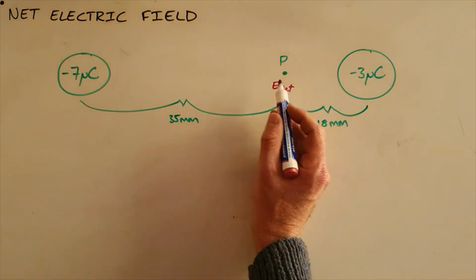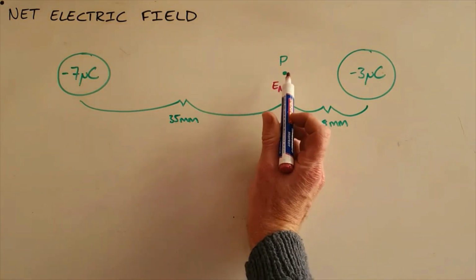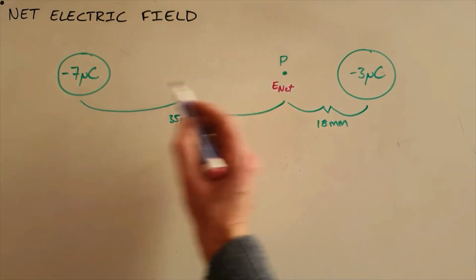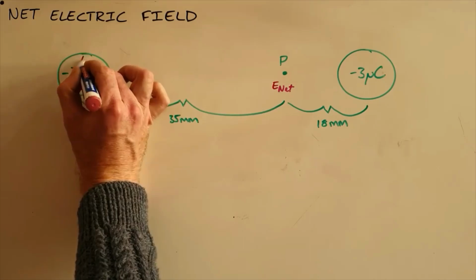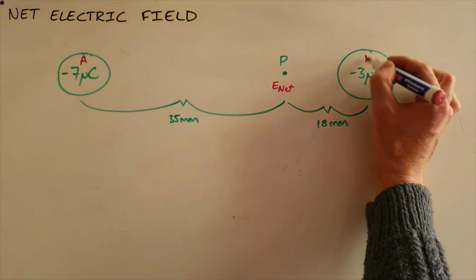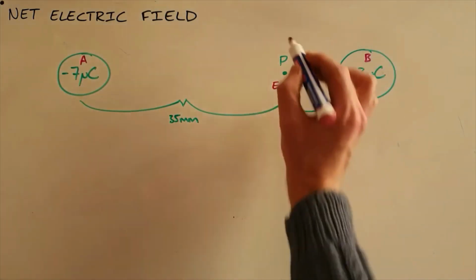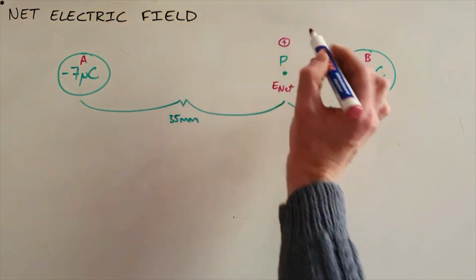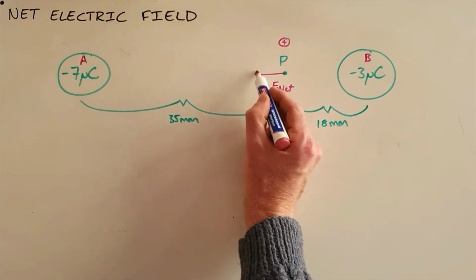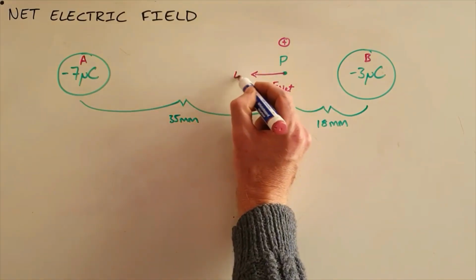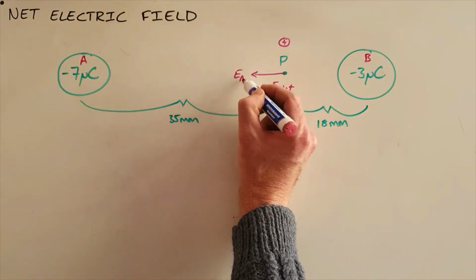So what we can see here is there are two electric fields that are experienced at this point. The first being the electric field as a result of this first charge. Let's call it charge A and this charge B. If we were to place a positive charge at this point, the electric field as a result of charge A would be towards the left.